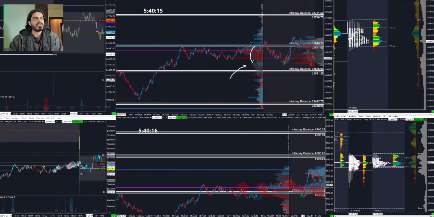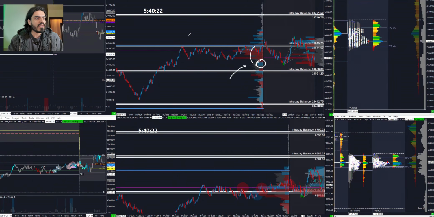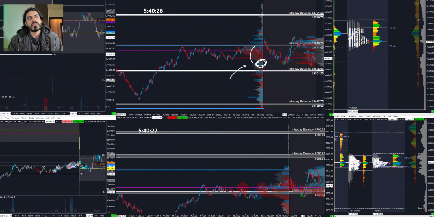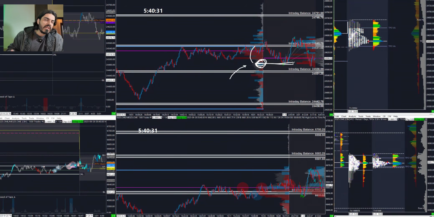So for instance, if we have this huge negative delta cluster that shapes up, and then we have this positive delta cluster, when I'm going bullish, when I'm trying to find some kind of buy momentum, I want to see clusters of positive delta shaping up as support structure so that I can actually get long in those areas. And that's for the continuation of the move.